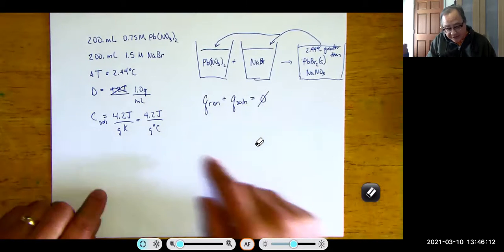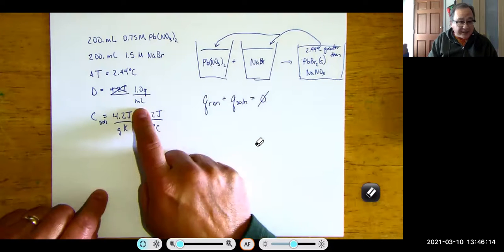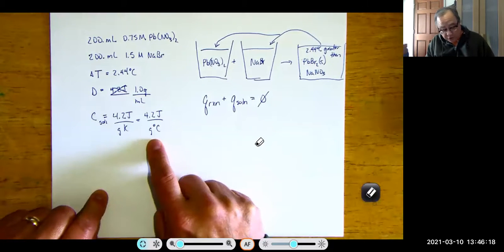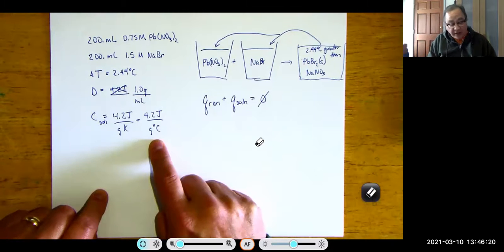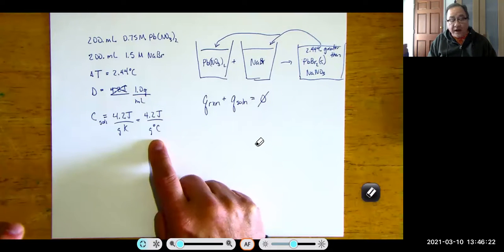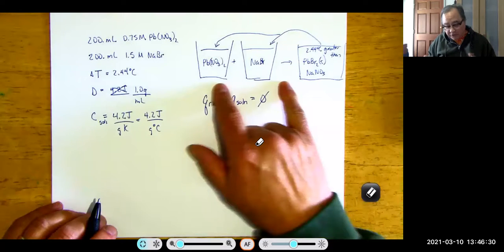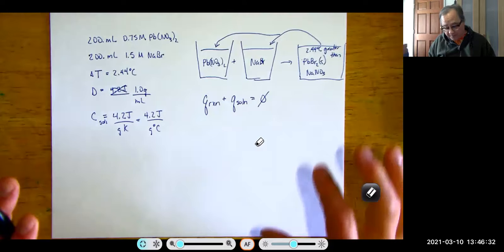They tell us the density is 1 gram per milliliter, which is the density of water. And they're telling us the specific heat capacity is 4.2 joules per gram degree Celsius, which is really close to 4.184 joules, which is the specific heat capacity of water. So they're basically saying, the solution is so close to being water, let's treat it like water.